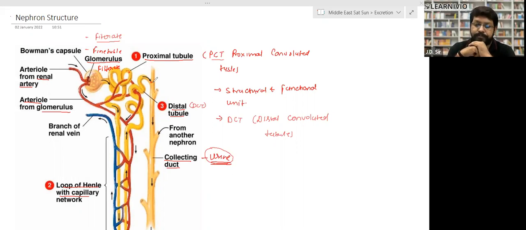Full stop. Next point. When filtrate reaches the collecting duct, we call it urine.